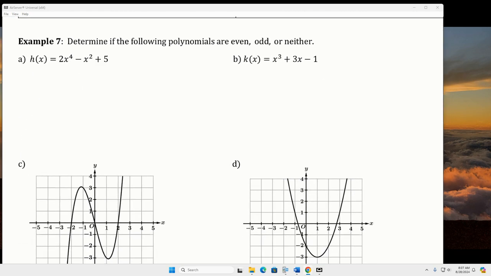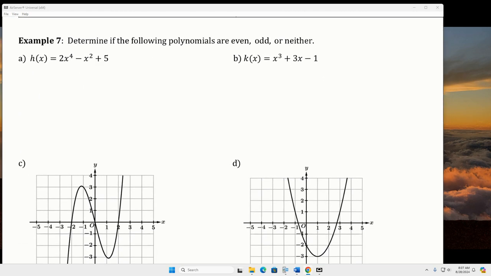All right, so on example 7, we are going to algebraically decide if these are even, odd, or neither. And so I'm just going to put in negative 1. So negative 1 to the 4th is just 1, so that's 2 times 1.